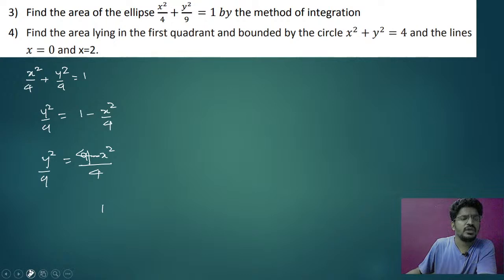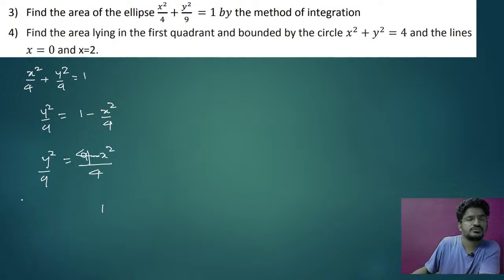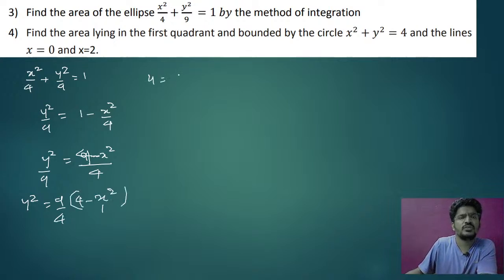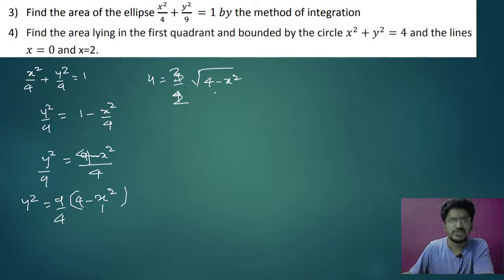And y will be equal to 3 by 2 root of 4 minus x square. Now you have to simplify this.